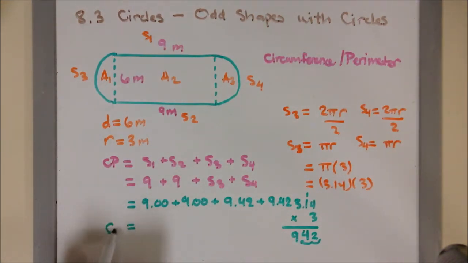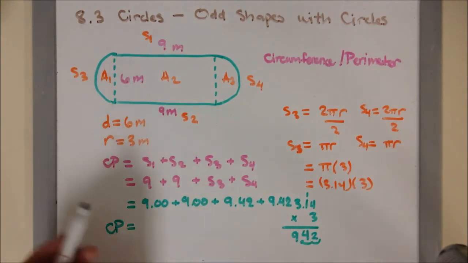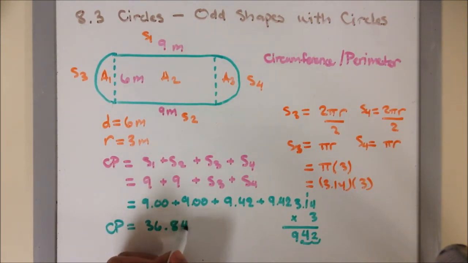So my CP, my circumference and perimeter, will be the total of 9.00 plus 9.00 plus 9.42 plus 9.42. So when I add all these up, I'm going to get 36.84 meters.